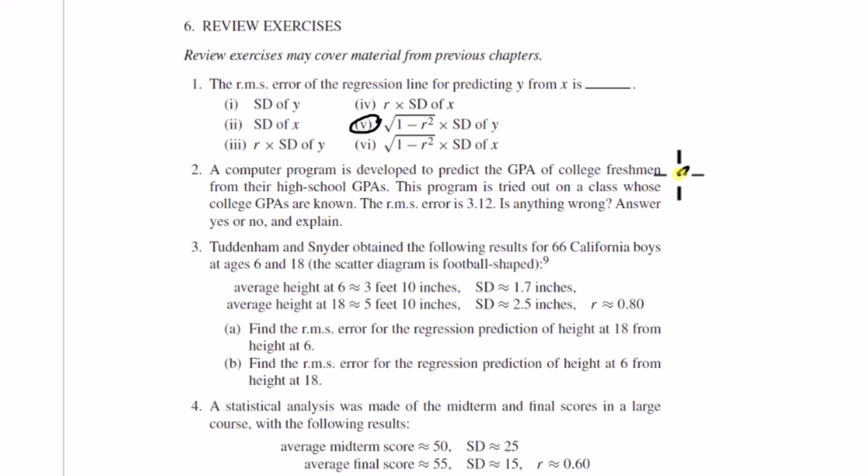That's my prediction. So what is the R.M.S. error saying? It's saying, with what certainty do I know this GPA? I'm saying it's 3.4, but I'm going to be off by plus or minus, we would expect something like 0.5 or 1 maybe. But plus or minus 3.12, that's too much. So yeah, something's wrong.